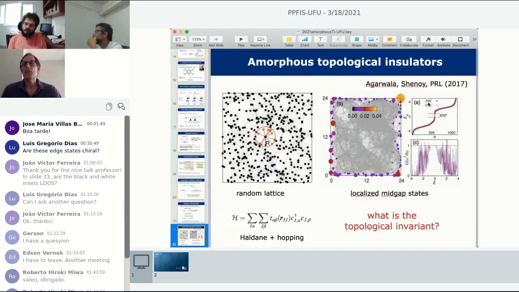And if you have periodic boundary conditions, and you have an infinite system, no boundaries, no edges, right? What happens is that there is a jump here, and the next state appears at energy plus some gap. And then the states behave normally again. So there is a gap, right?